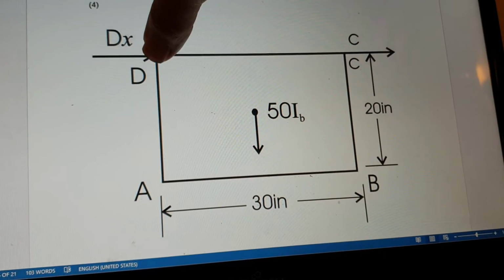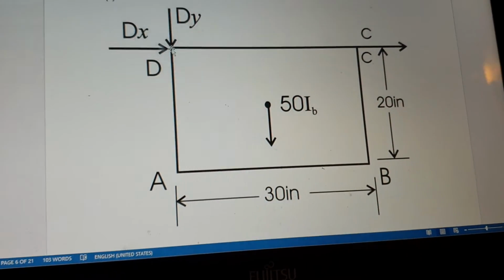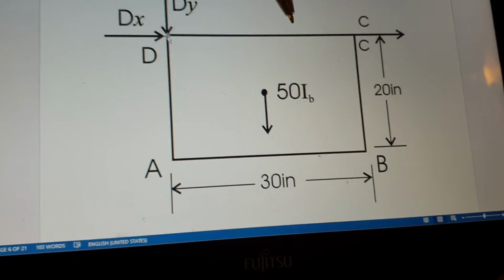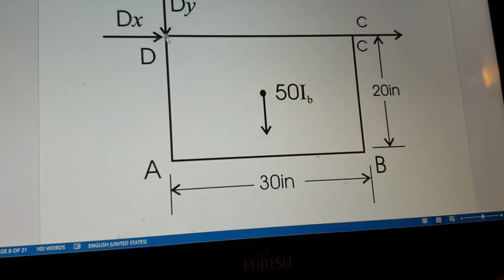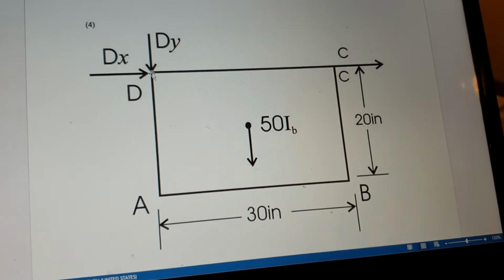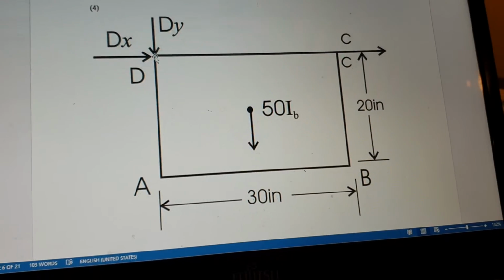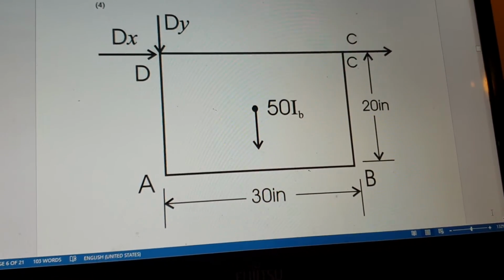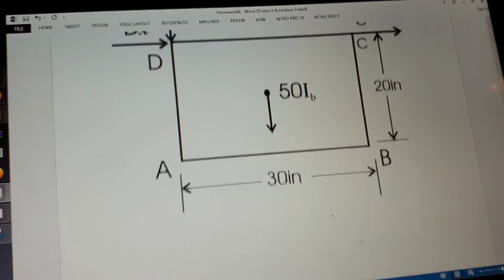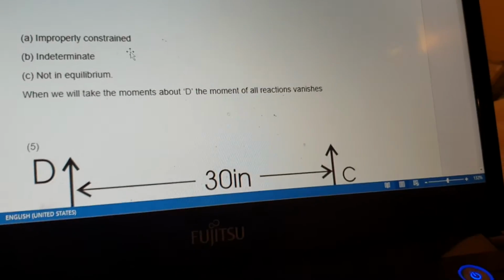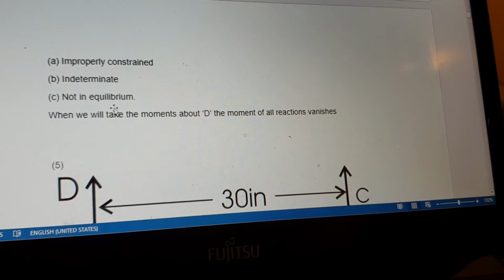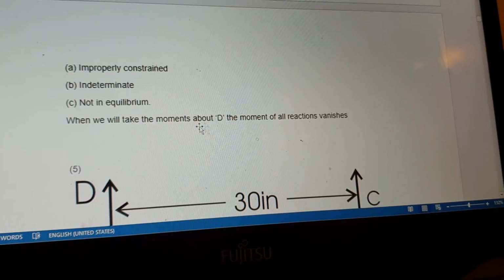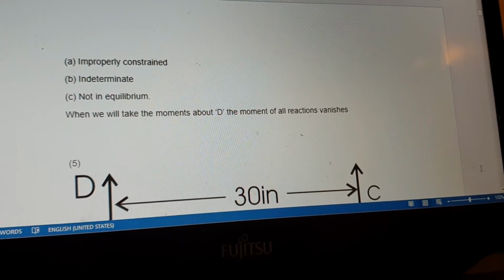So summation of moment at D, everything will vanish. This and this and this. The only thing here is 50 pounds, and that's not going to work. So summation of moment will not work, and that's why this is indeterminate. So you could do it like that. It's improperly constrained, indeterminate, and not in equilibrium. When we take the moment at point D, the moment of all reactions vanishes.